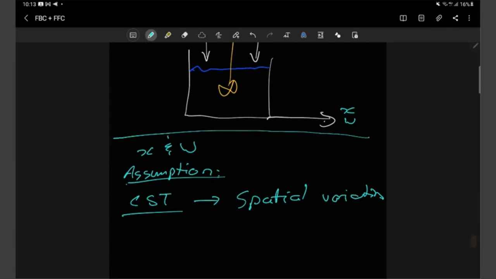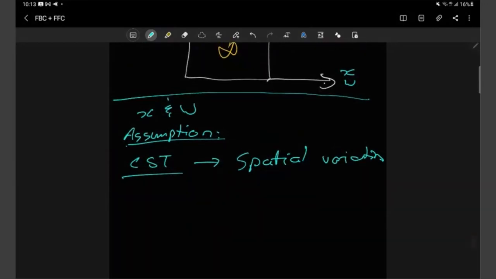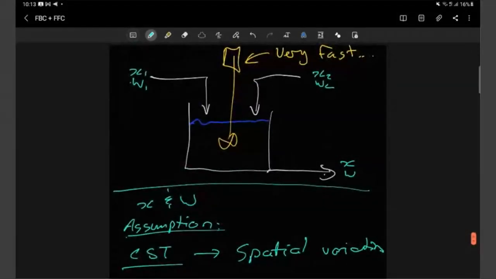So we don't need any partial differential equations with respect to the concentration inside the tank. Second assumption, we assume constant density. That is a bit of a dodgy one, depending on what x is.